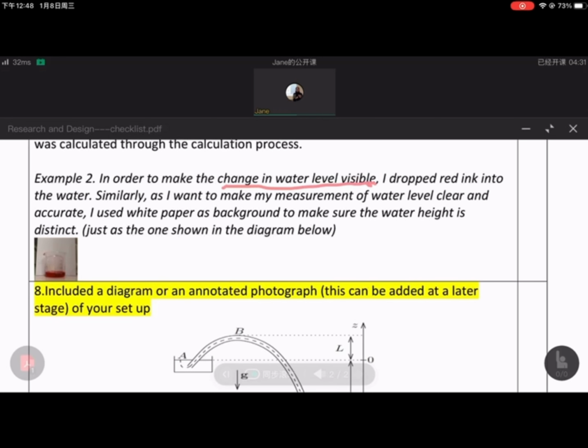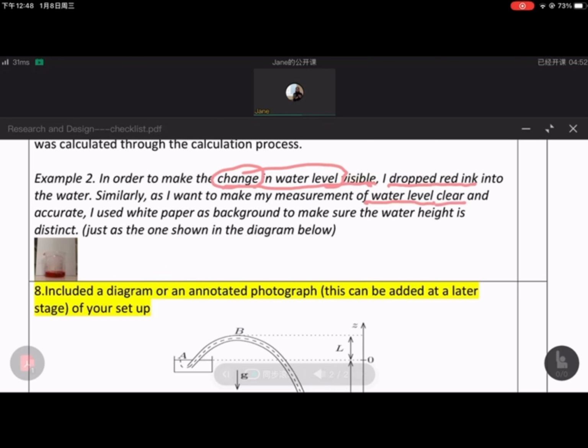A strategy would be to drop red ink into the water. Okay, so make the water levels more visible and clear, so your measurements of the changes in water level would be more accurate. Okay, and this is the action and steps that you took.